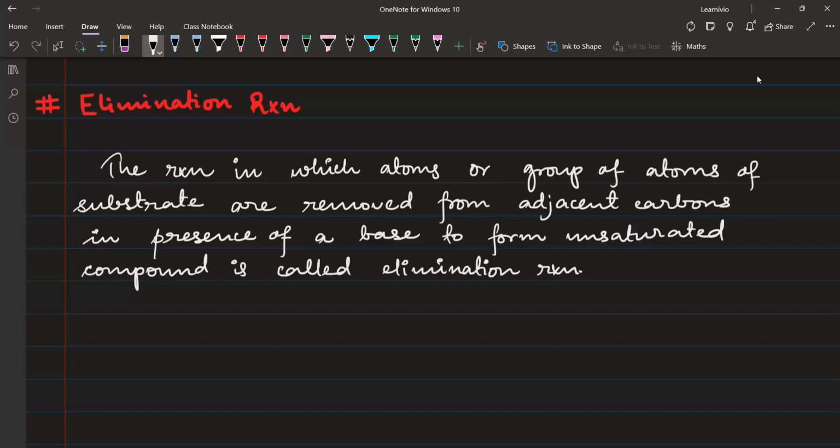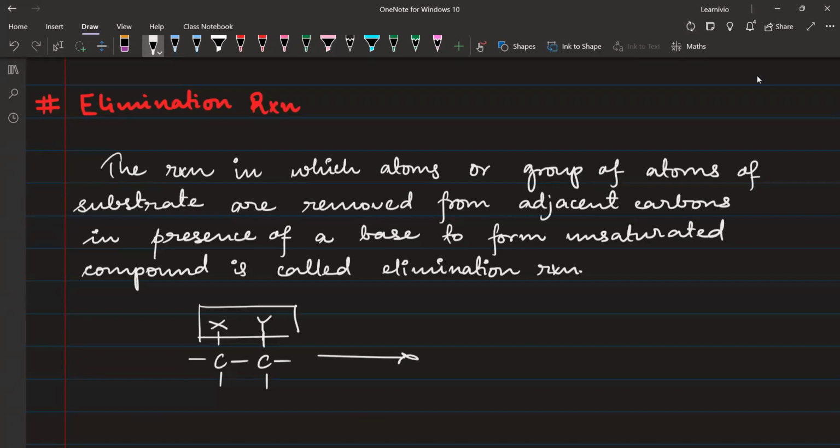elimination reaction. What happens here? You will have carbon, single bond carbon, so you have to take adjacent carbons. There will be some other groups attached to other carbon atoms, but we are only focusing on the area where the reaction takes place. Let us suppose we have X here and Y here. Both of these will be eliminated.